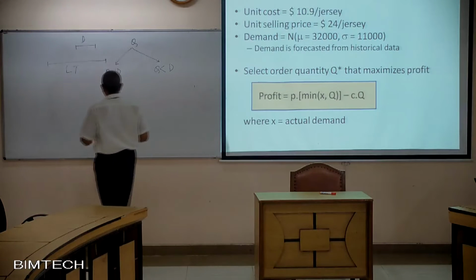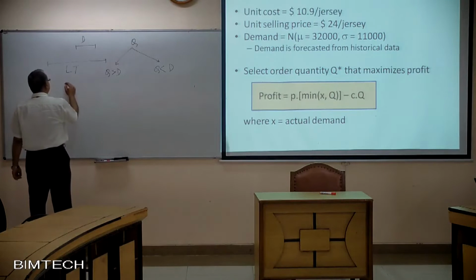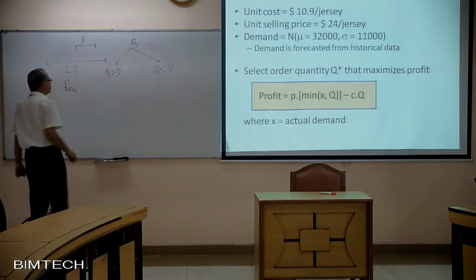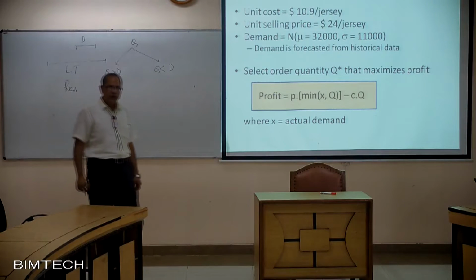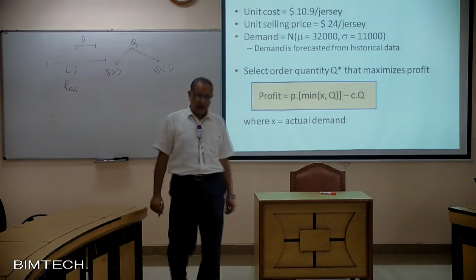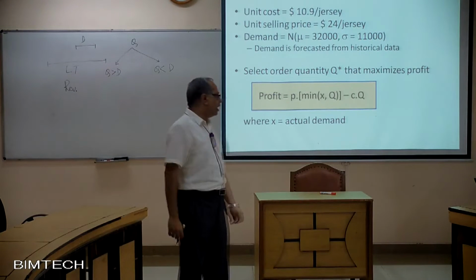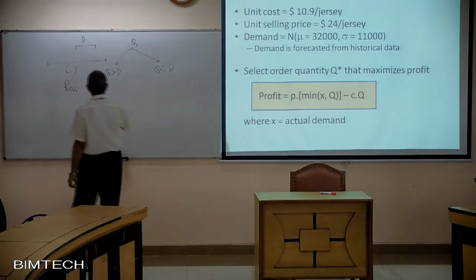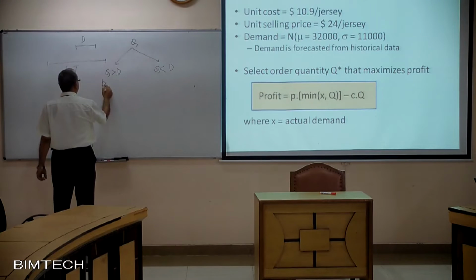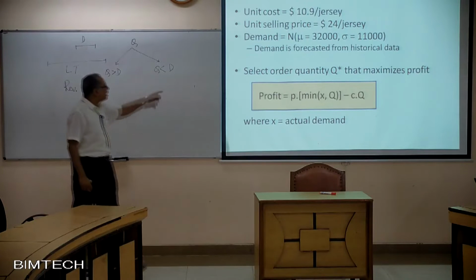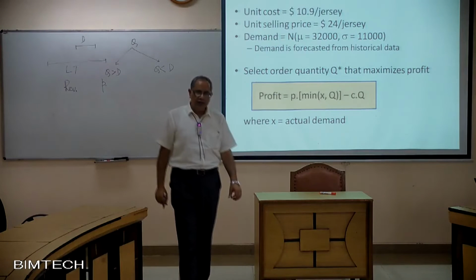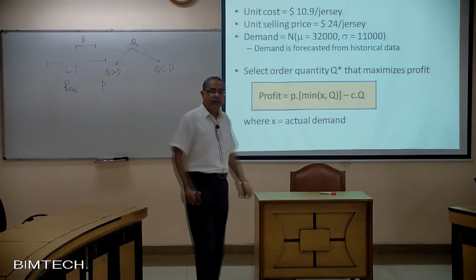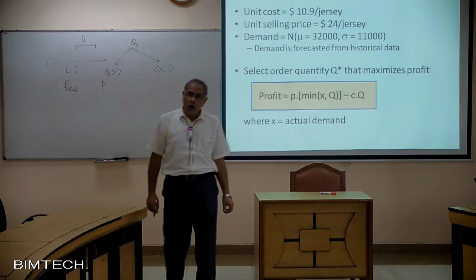Okay, now let me talk about the revenue that Reebok stands to make in this case. The revenue, of course, is going to be the price P. So let us call the price as P. P is $24 in our example. So the price P multiplied by the quantity sold.